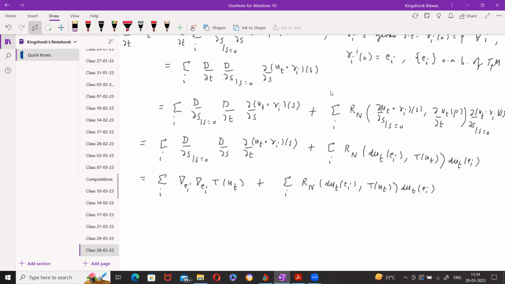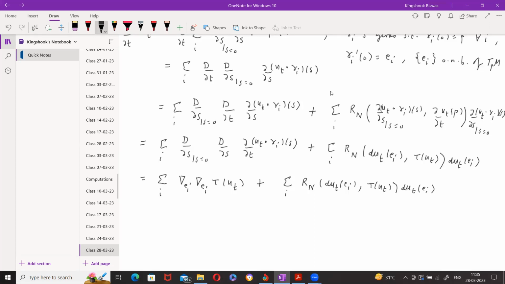Here I'm abusing notation slightly. My e_i's were first of all just tangent vectors at a point. But here what I mean is I've extended them to vector fields in a neighborhood of p, which are orthonormal at each point in the neighborhood of p.